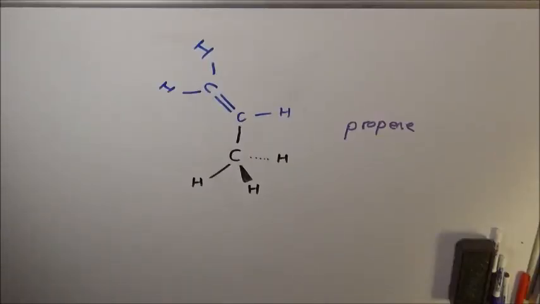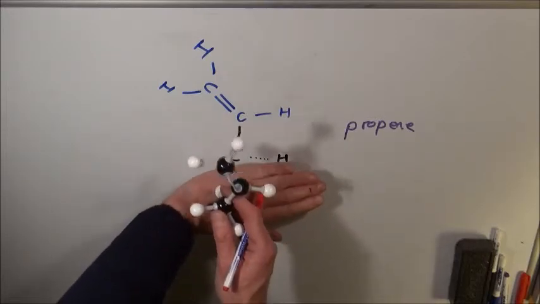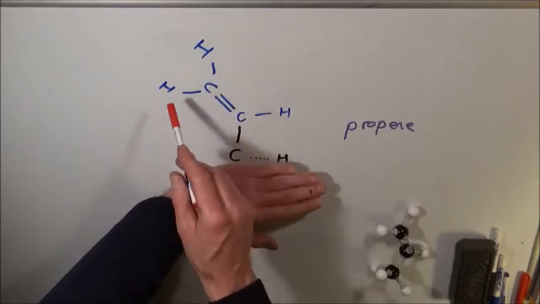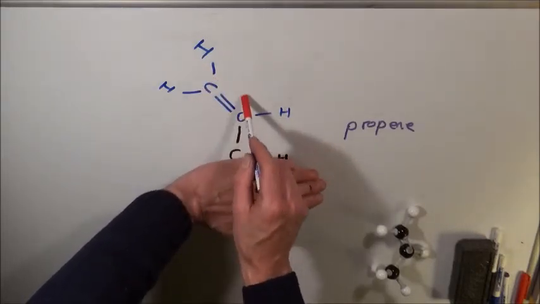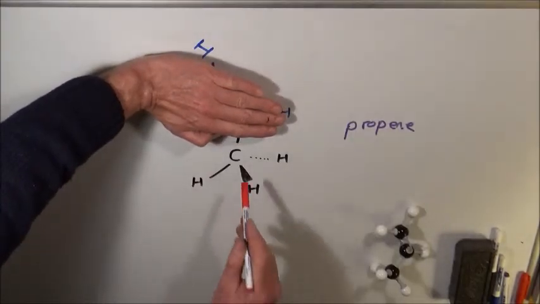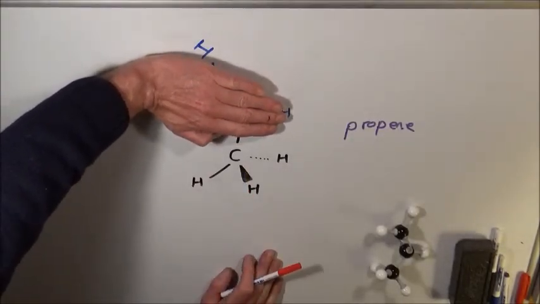Just want to show you one more example. Propene. Now you've got both double bonds and single bonds between the carbons here. So this part of the molecule is, imagine that was a hydrogen, then it would be a flat molecule and you'd have 120 degrees between these bonds. But if we didn't have that there and had a hydrogen, this would be a methane, which would be tetrahedral.